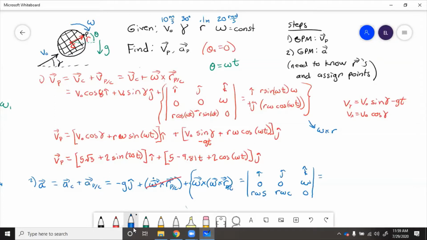And that equals I hat times negative r omega squared cosine omega t minus j hat times, this becomes a positive, r omega squared sine omega t.